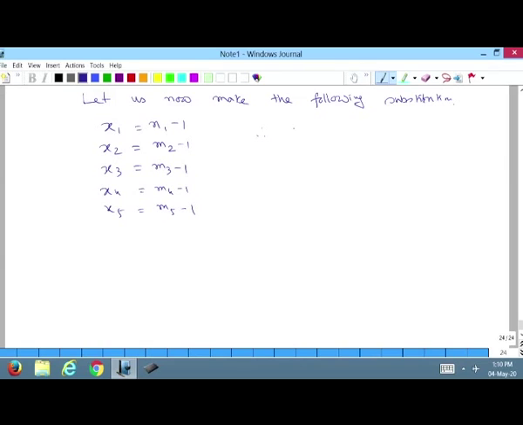Therefore, each xi is greater than or equal to 0, because these we knew are positive. Now, because we are subtracting 1, some of them may become 0.